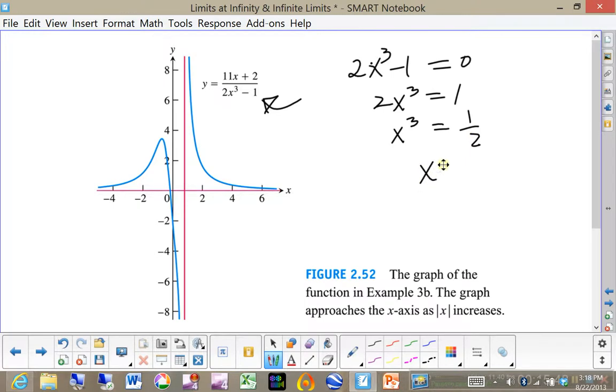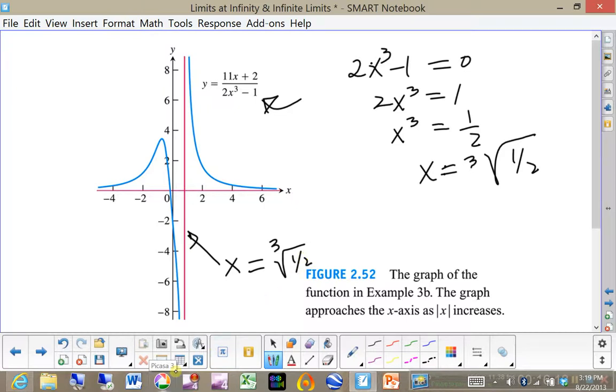So x is equal to the cube root of 1/2, which is just a little bit less than 1. So this red line here is a vertical asymptote, x equals the cube root of 1/2.